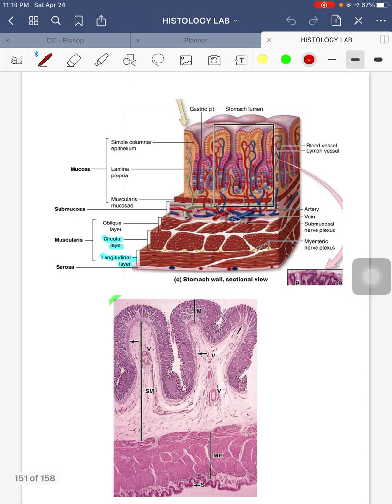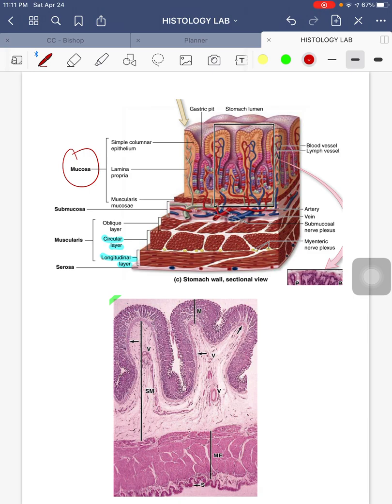Before anything else, to understand the digestive system, for each organ that is part of the digestive tract, we always have to take note of the mucosa, which is subdivided into the lining epithelium, the lamina propria that may contain supporting connective tissue, and the muscularis mucosae, which is a layer of smooth muscle.